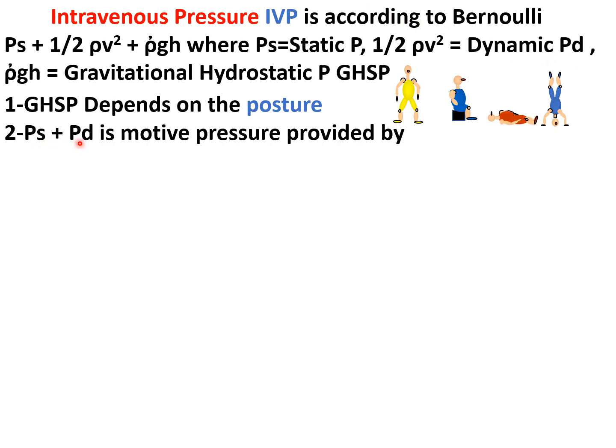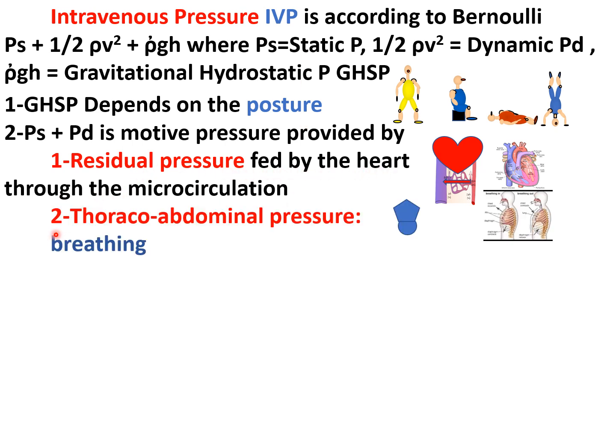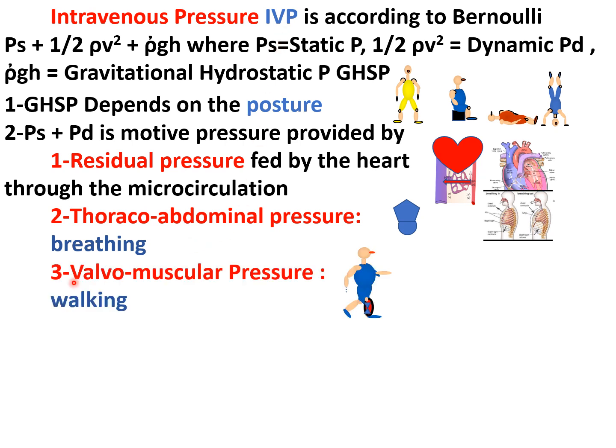Static pressure plus dynamic pressure is the motive pressure provided by residual pressure fed by the heart through the microcirculation, thoracoabdominal pressure provided by breathing movements, valvomuscular pressure provided by the valvomuscular pump when walking.